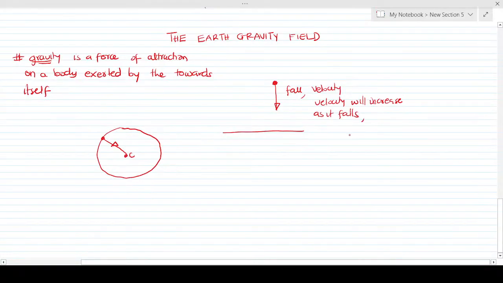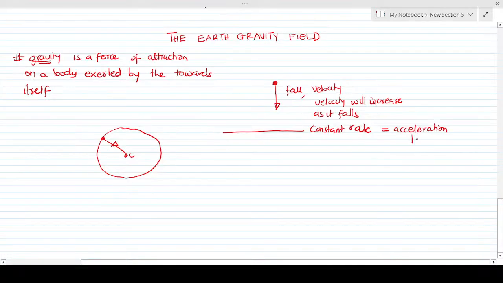The velocity will not be the same, but the increase will happen at a constant rate, and that constant rate is what we call acceleration.